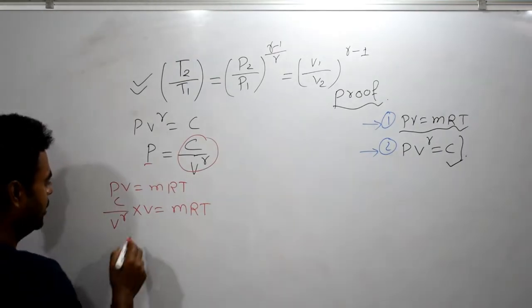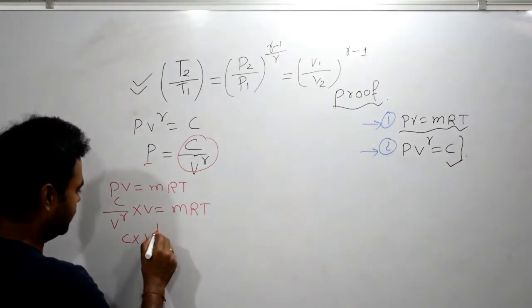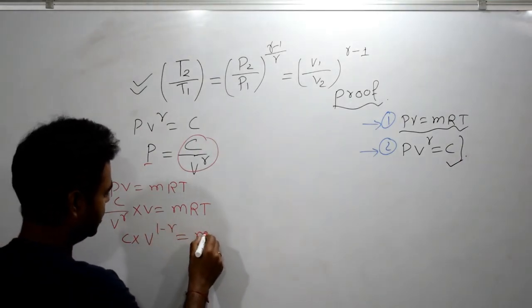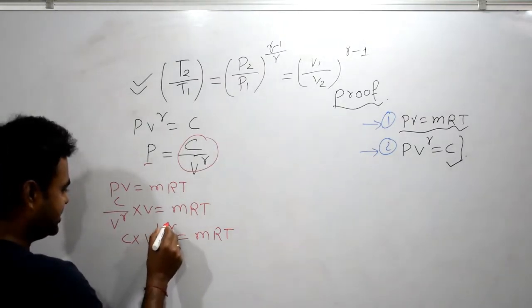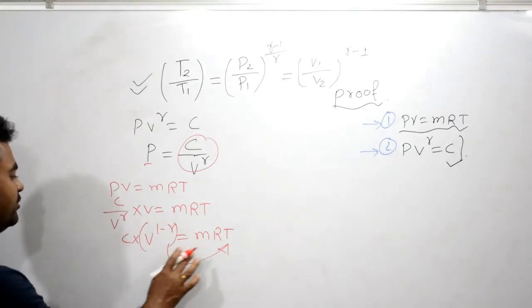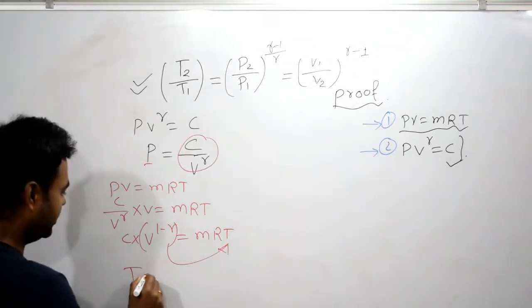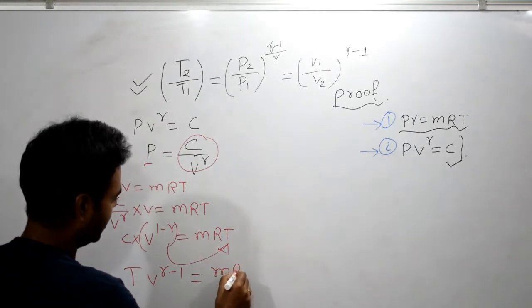Now from here we can write C times V^(1 - gamma) = mRT. Now send this term to this side, and it will happen TV^(gamma - 1) = mR / C.